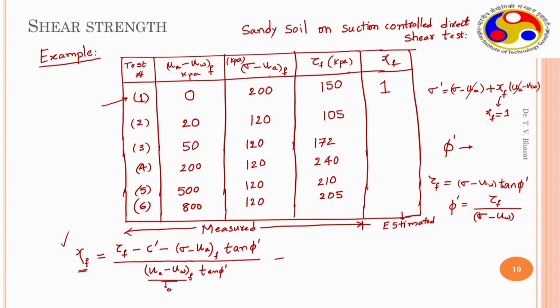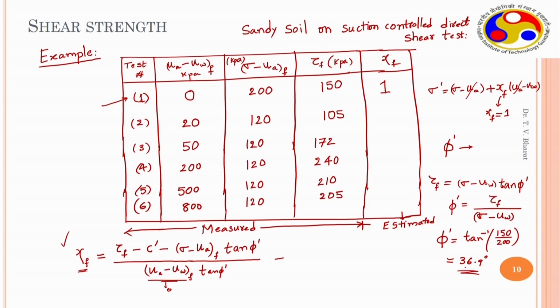The applied stress sigma minus u_a is nothing but sigma minus u_w now, because the total stress becomes effective stress when the pore water pressure completely dissipates. Therefore, phi dash is equal to tan inverse of 150 by 200. So, this is equal to 36.9 degrees.